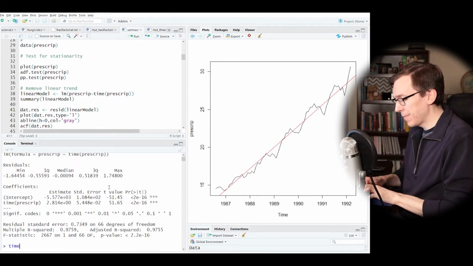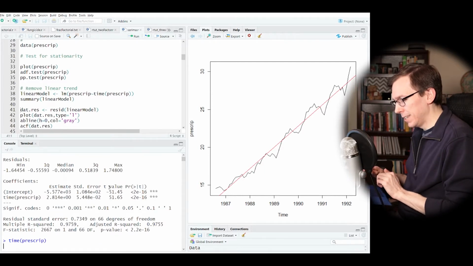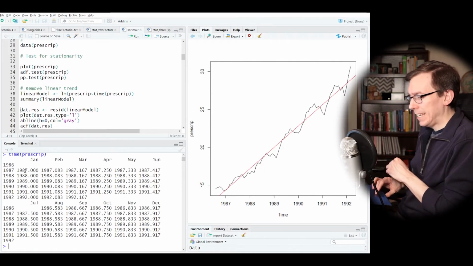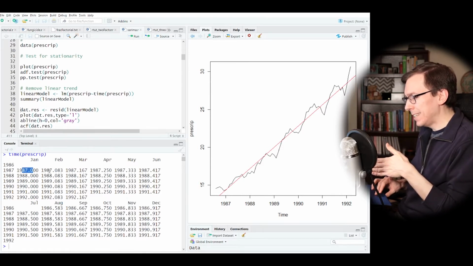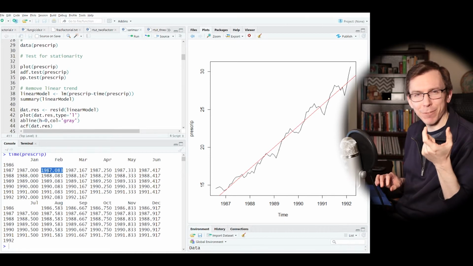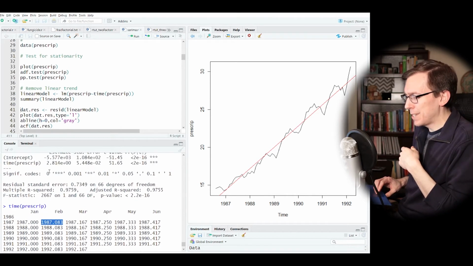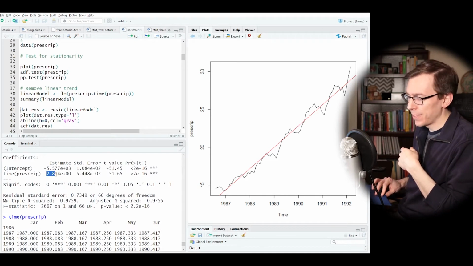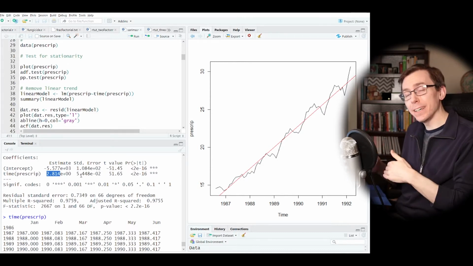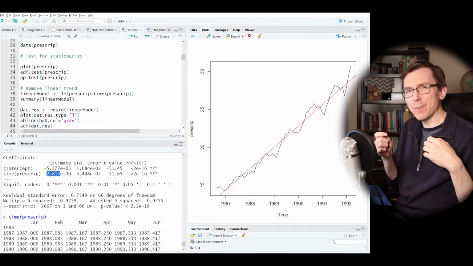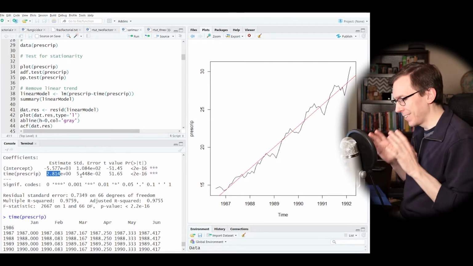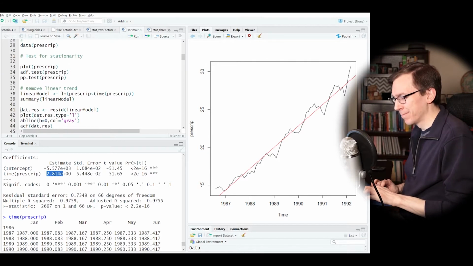So this is a subtlety to remember: we have observations for every month, but the unit is every year. So when we look at a linear model like this, the rate of change is per year, not per month. It's always good to keep this in mind because it's an easy way to make a mistake and to look silly when you're trying to talk about data if you get the units wrong.